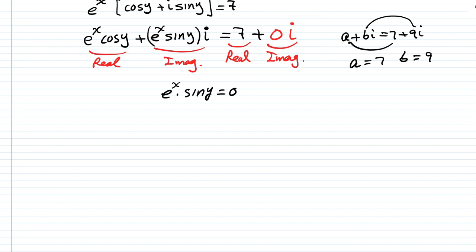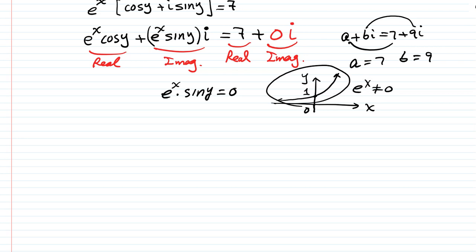Now, e to the x, exponential function, we talked about those extensively in the algebra portion of the course, but just recall what the graph is. Remember, this was the graph of the exponential function. The point here is that e to the x is never 0, correct? e to the x cannot equal 0.